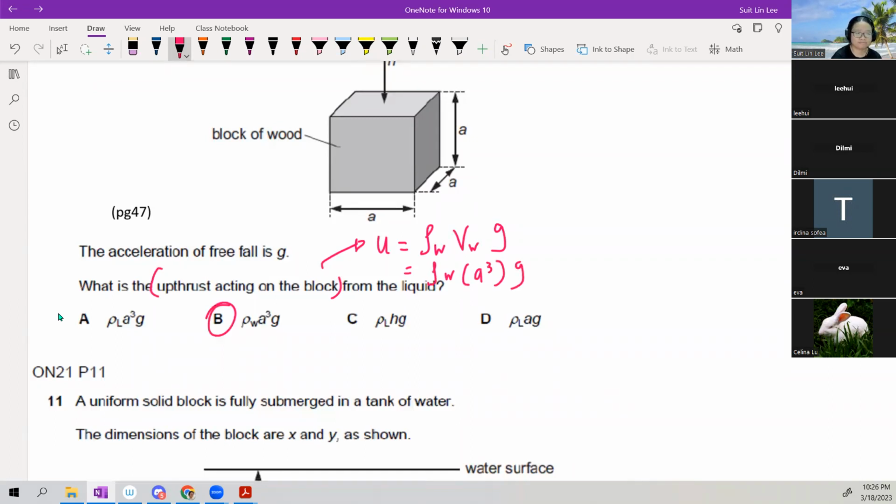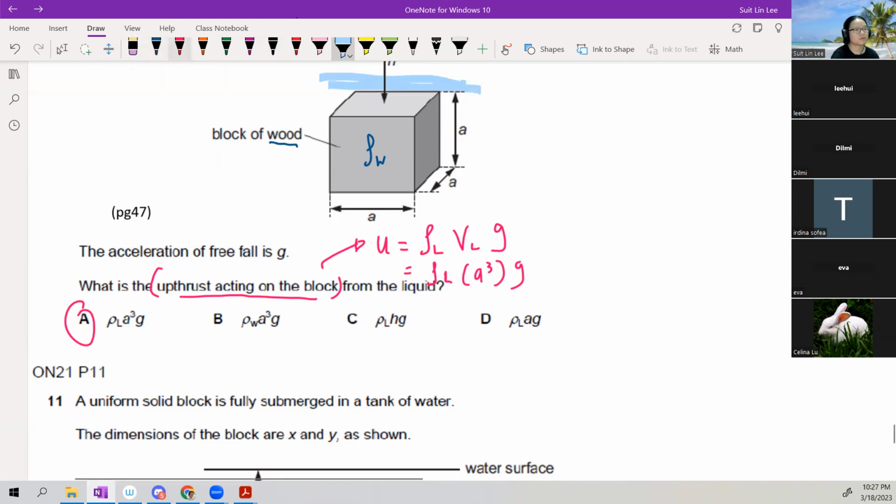So like that. Why did they give you the other things like the density of the, wait, this one is a liquid, not wood, sorry. On the block from the liquid. Why did they give you the rest? To probably confuse people. Okay, so block density is rho W because it's wood, and the liquid density around it is rho liquid.